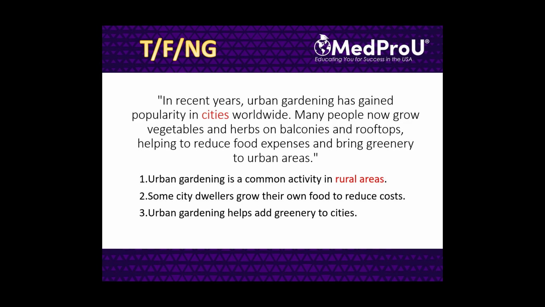It's true, because many people now grow vegetables on their balconies and rooftop. So we can verify it, to reduce food expenses. So number two is definitely true. We can see it clearly there.